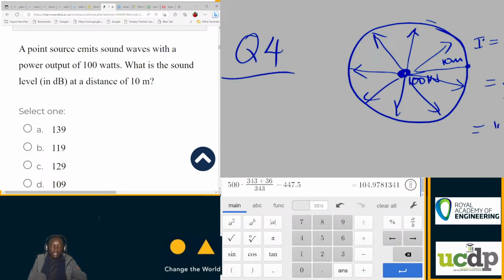So that's 100 watts over 4 pi times 10 squared. 10 squared is 100, so that's 1 over 4 pi watts per meter squared. So this is the intensity of the energy 10 meters away from the source.